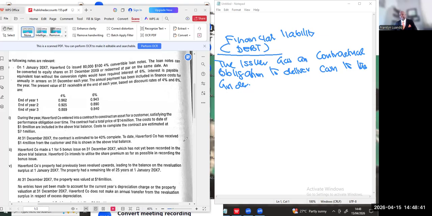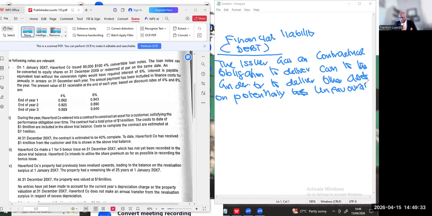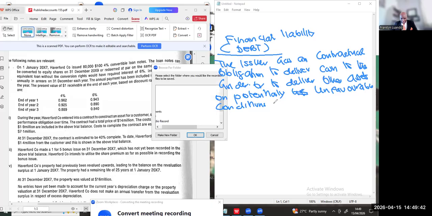Now, again, if there is no cash to deliver, the issuer may have to deliver other assets on potentially unfavorable conditions to the holder.